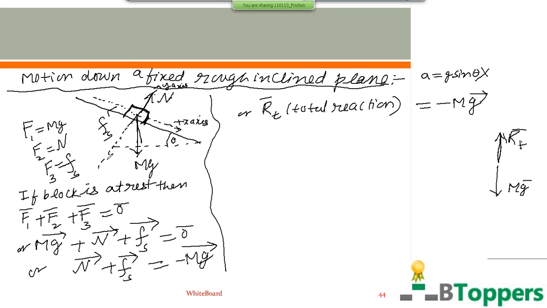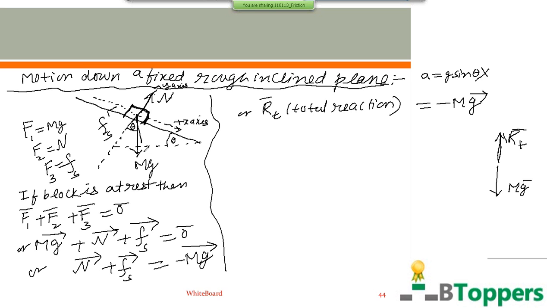The line of action of the total reaction is produced backwards. The smaller angle between the weight mg and the line of action of the total reaction produced backwards will be the same as the angle of inclination theta of the inclined plane to the horizontal.